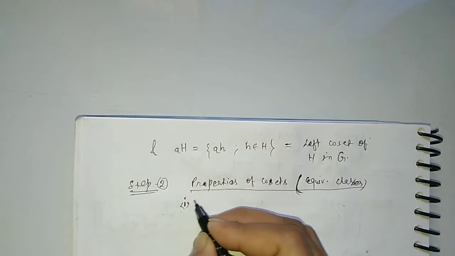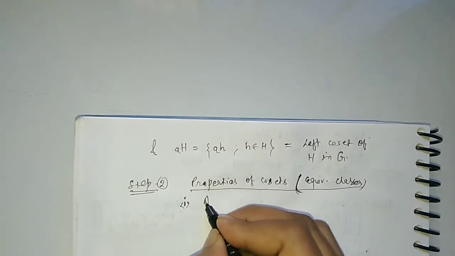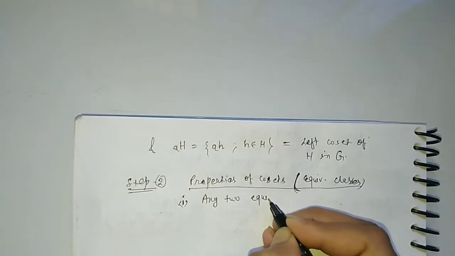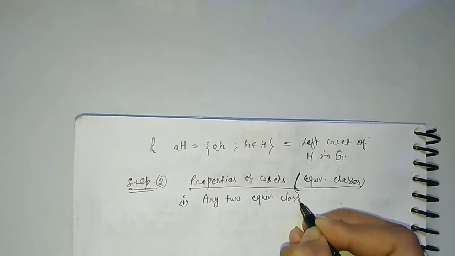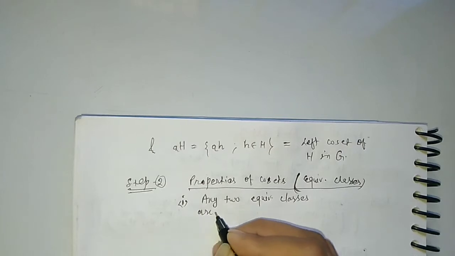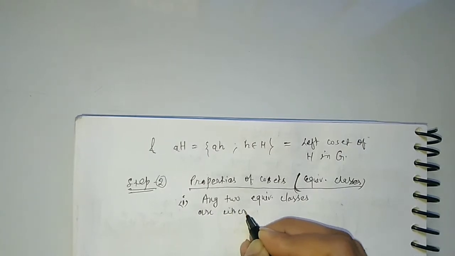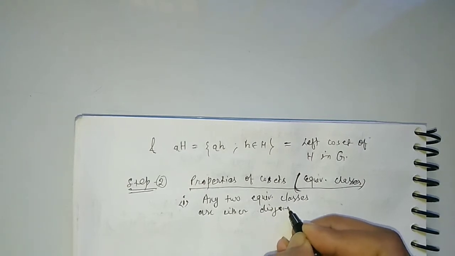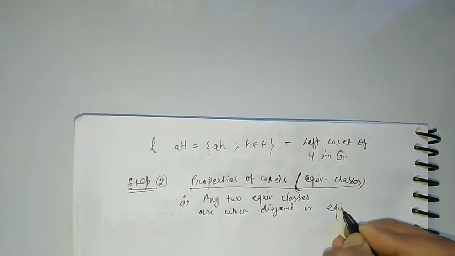Property number 1 is that any two equivalence classes are either disjoint or equal.